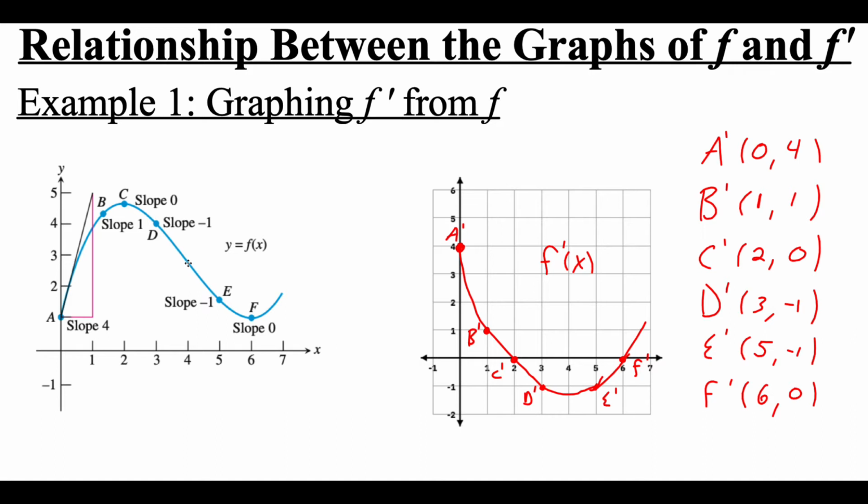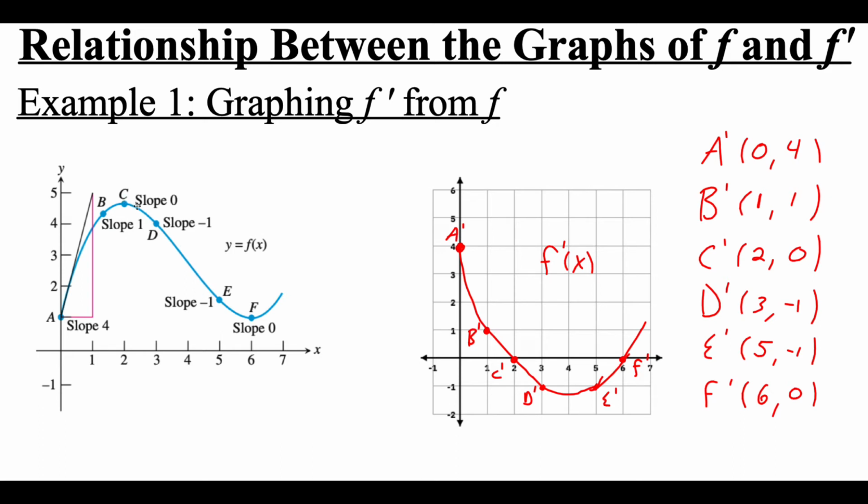There are a few things that I want you to notice on this graph, particularly about the behavior of the function f compared to what we're seeing with those slopes, or that derivative. Where the graph is increasing, between the x value of 0 and the x value of 2, the slopes there were all positive values.